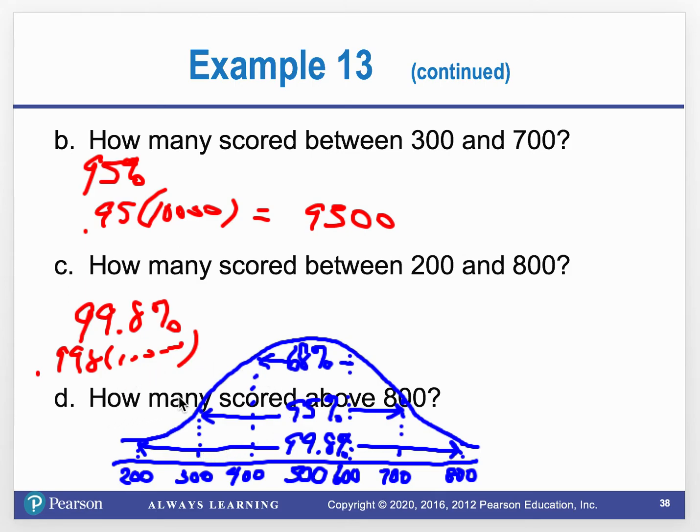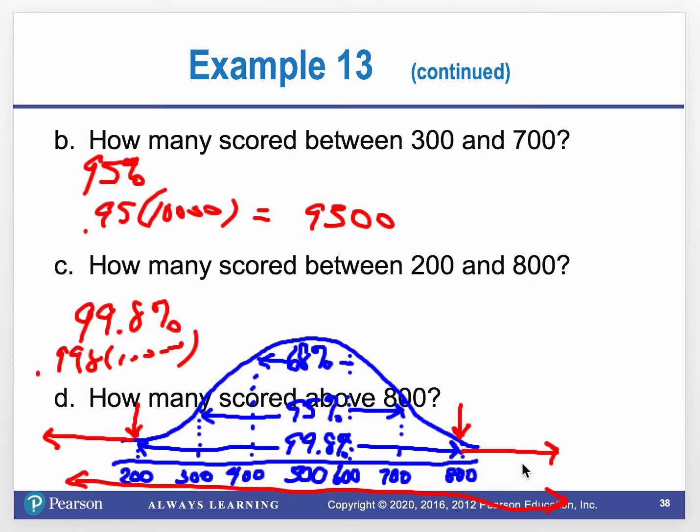Okay, but what about one like this bottom one? How many students scored above 800? Above 800. All right, well, that means this number. If from here to here is 99.8%, remember this whole thing all the way is 100%. So if this much is 99.8%, then the rest of my graph, meaning this and this, has to be 0.2%.